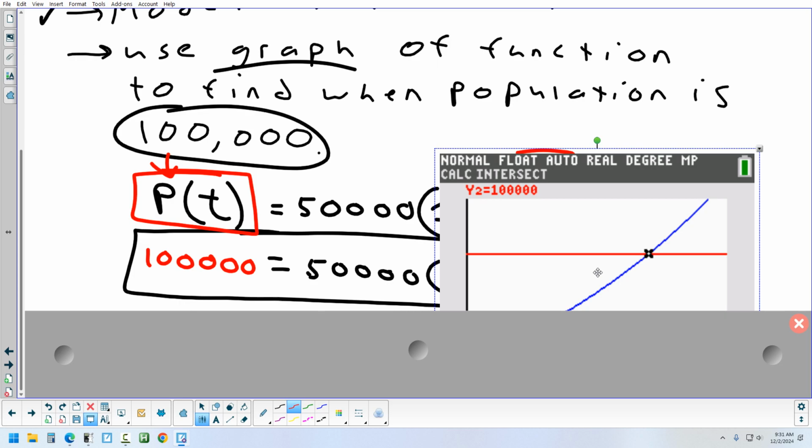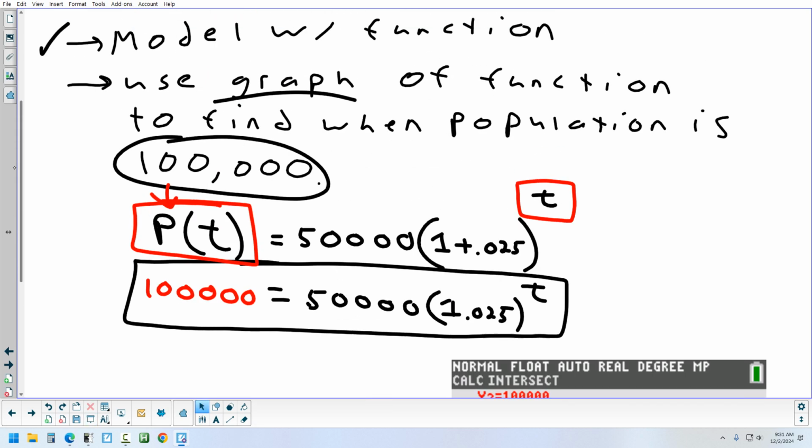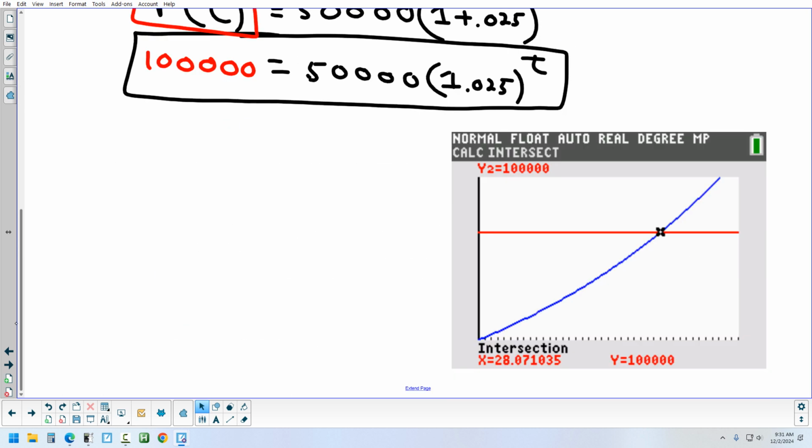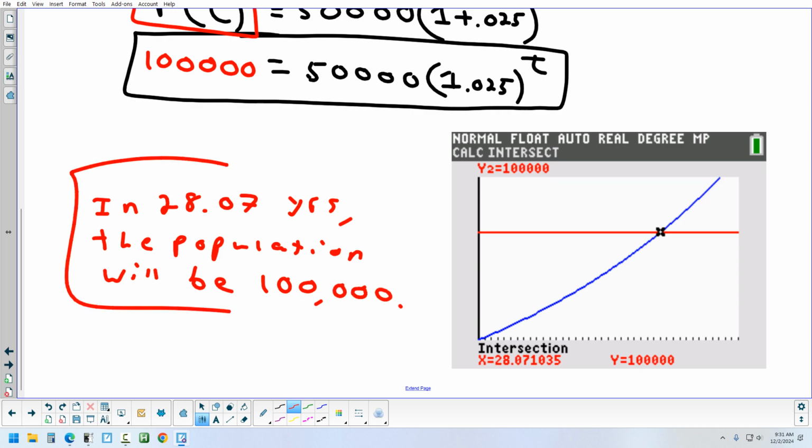Let's put that there. Let's move it down. So the question is, when the population hits 100,000. Okay, so how long is it going to take for the population to hit 100,000? Yeah, 28.07 years. So 28.07 years, the population will be 100,000.